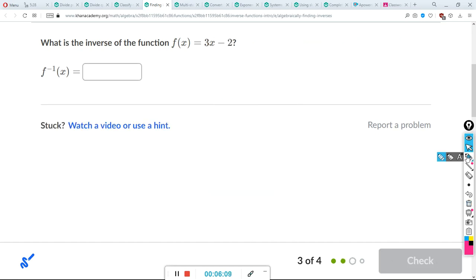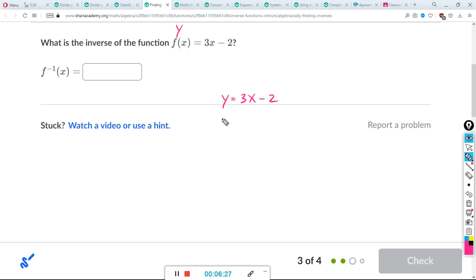Alright, one more. This is y equals 3x minus 2. First step is to reverse x and y.